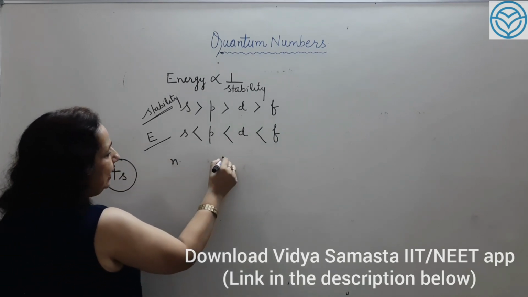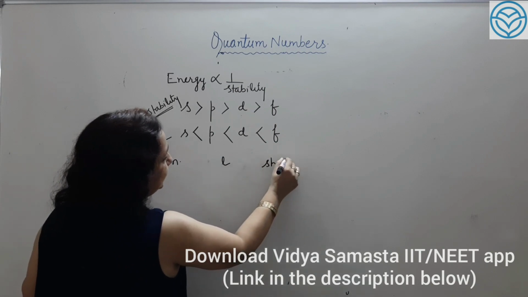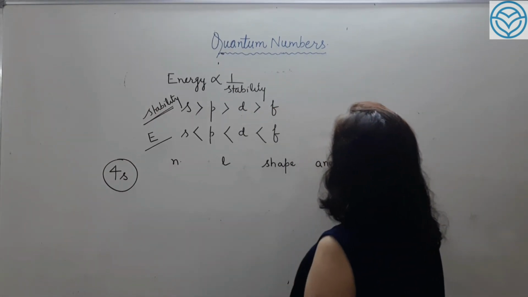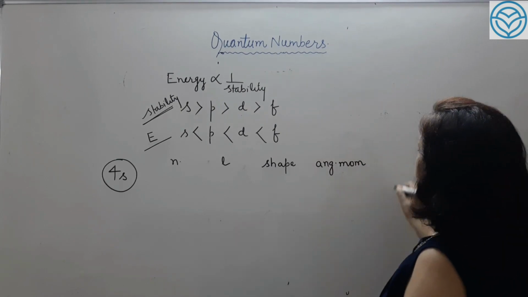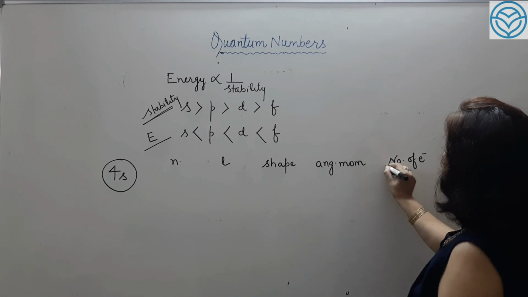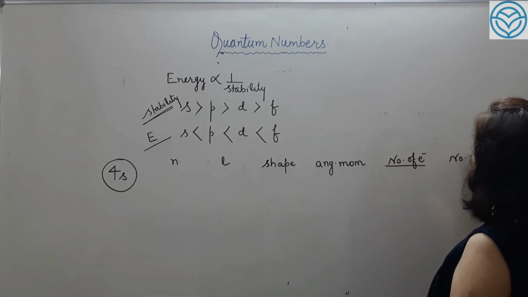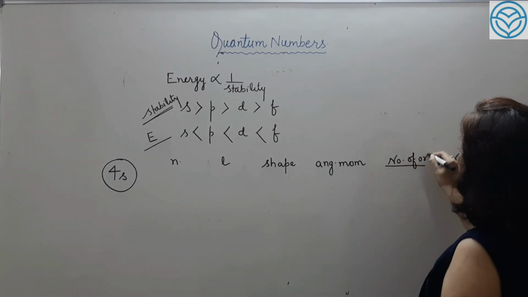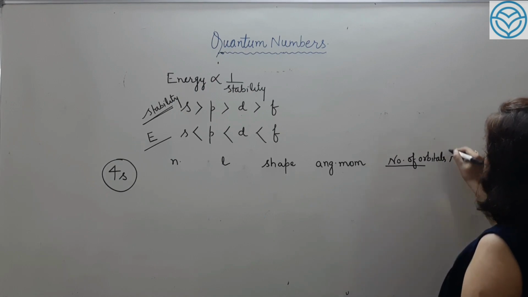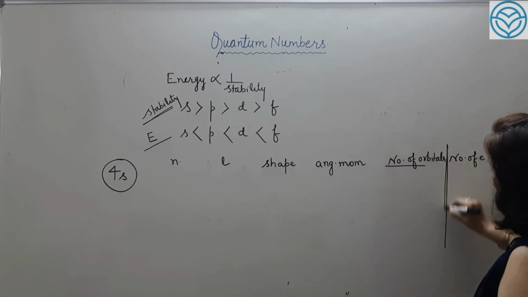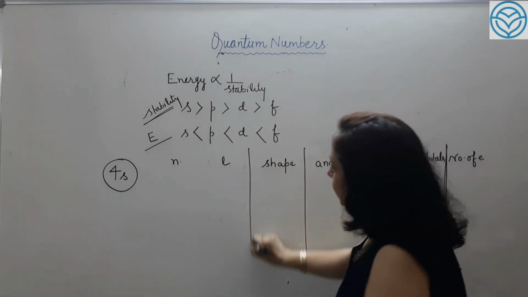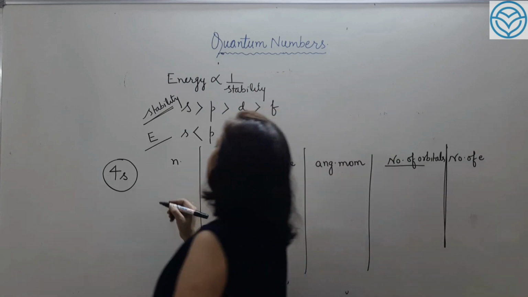N, L, shape, then the value of angular momentum, the number of electrons, and even the number of orbitals. It means the number of electrons and orbitals can be known just by knowing the value of L. यानी अगर आपको L समझ आ गया तो आप ये सारी values निकाल सकते हो.